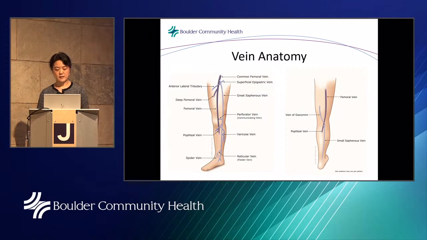Okay, let's talk about some of the anatomy that eventually contributes to varicosities. We have in our legs, and everyone has this, both deep and superficial systems. The deep system is what we cannot do any procedure on. We cannot fix them. We can't replace the valves when the valves are broken.